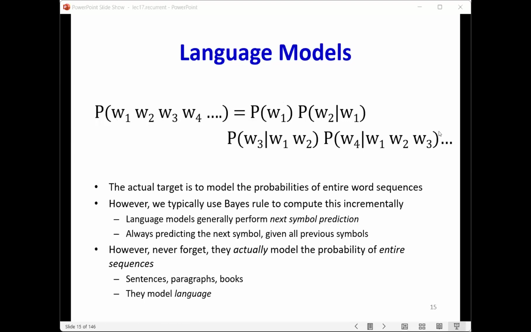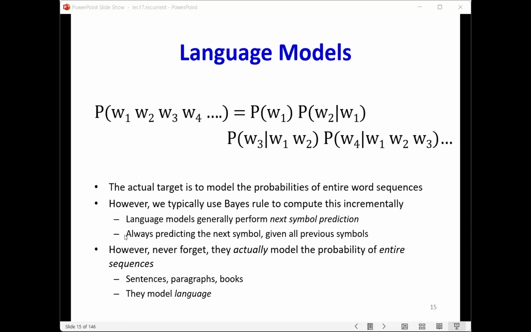And as it turns out, if you're able to compute the probability of the next word perfectly, in the process you've also managed to capture the probability distribution of word sequences in the language, which is why very often we think of language modeling as the problem of predicting the probability of the next token, the next word, or the next symbol. But that is simply a step towards computing the probabilities of entire sequences of words.